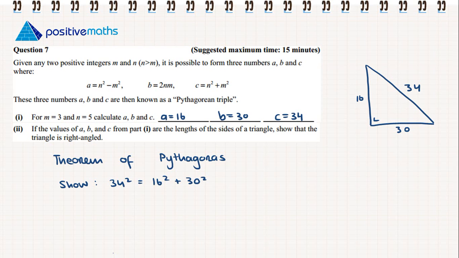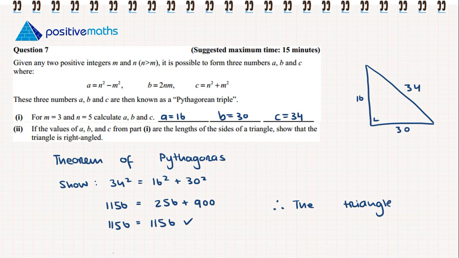So 34 squared is going to give us 1156. 16 squared gives us 256. And 30 squared gives us 900. So we have 1156 is equal to 256 plus 900. So we can say, therefore, the triangle is right angled.